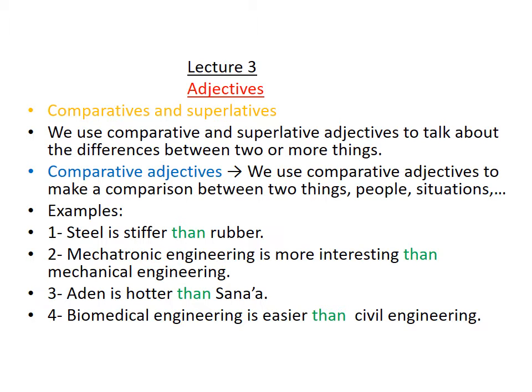Stiff is short, so in the comparative we say stiffer, tall, taller, short, shorter, easy, easier. So we'll add er. With some spelling, we will come to this later, the spelling rules.